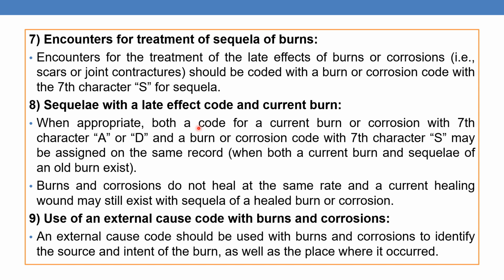When appropriate, both a code for current burn or corrosion with 7th character A or D and a burn or corrosion code with 7th character S may be assigned on the same record when both a current burn and sequelae of an old burn exist. This is important.